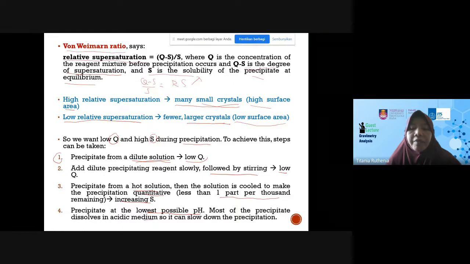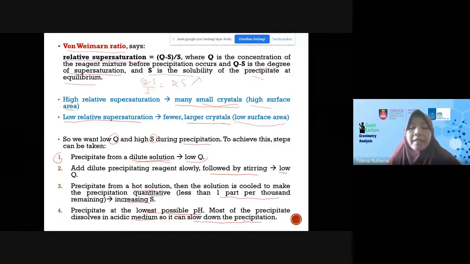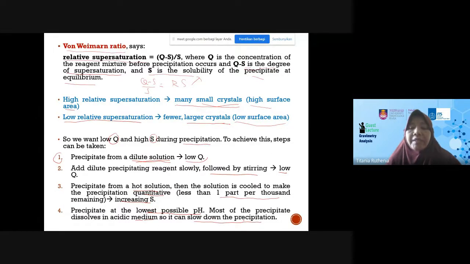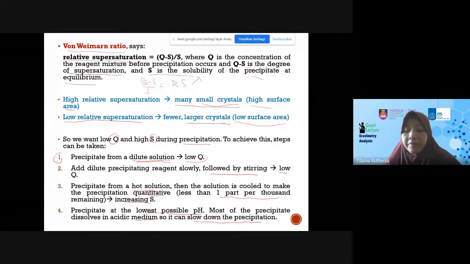If it dissolves in the acidic medium, then the precipitation rate will be slow. So we can slow down the precipitation process, because we don't want a high rate of nucleation or crystal growth. If the nucleation rate and crystal growth rate increase, then many impurities will be trapped inside the crystal or precipitate that we have already got.